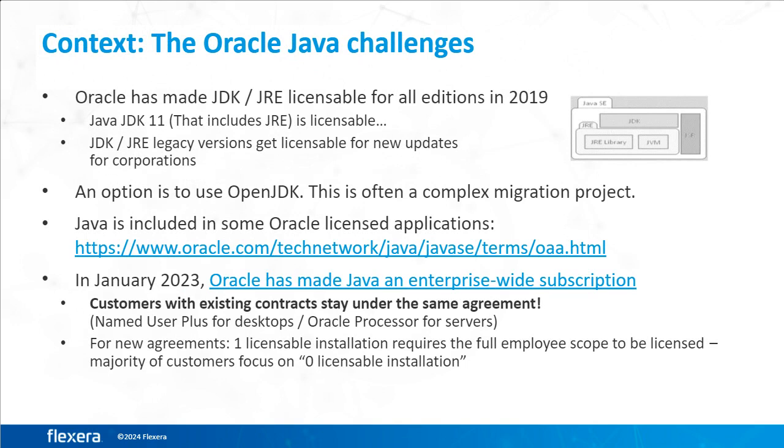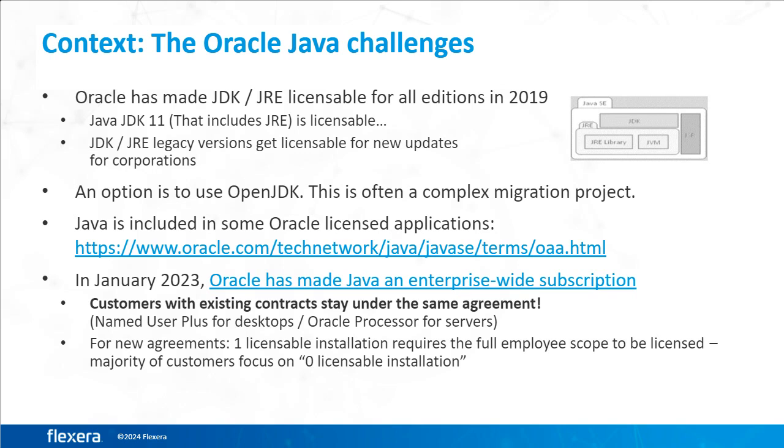Maybe first, I think it's more history here, but we discussed the topic here at the bottom, the change where Oracle has made Java an enterprise-wide subscription. So I think the situation for customers with existing contracts and licenses before the date is a completely different situation, because most of them are really preparing for negotiation, meaning renewing the existing processor base and making sure they are using or consuming less, right?